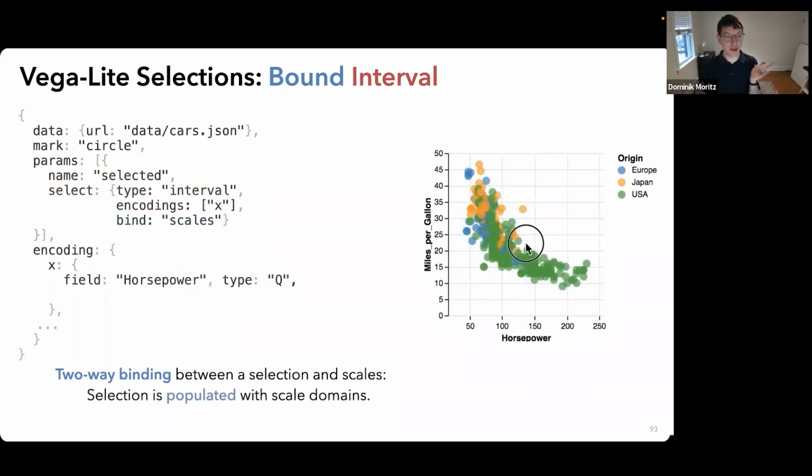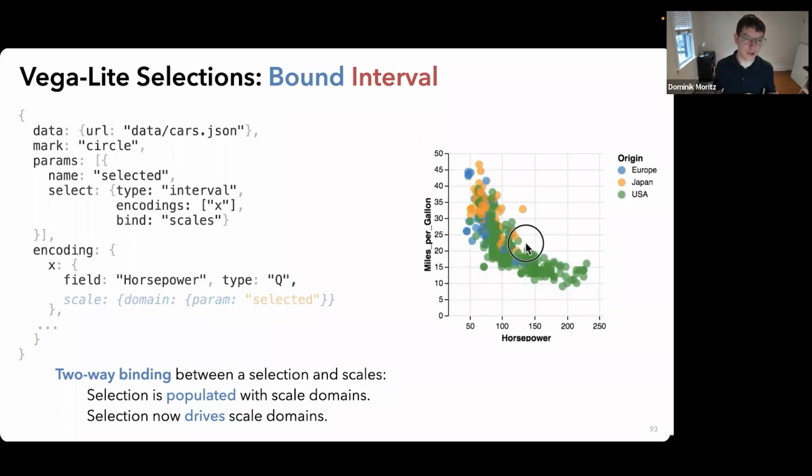The selection is populated with the scale domains, which was the whole range. And then when you change the selection, we drive the scale domains. So under the hood, we have the scale domain set based on the selected parameter. And so that's how you can do zooming and panning.